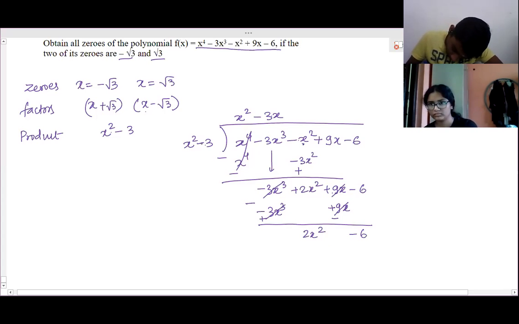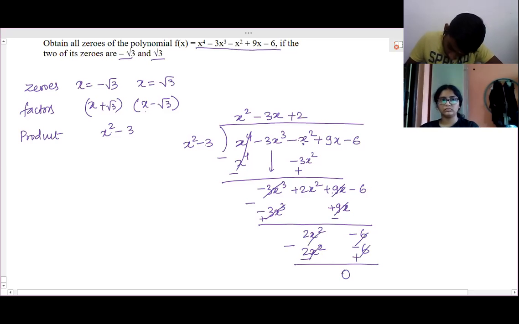So 2x square by x square is plus 2. So this is 2x square, and minus 3 into plus 2 is minus 6. When we subtract, minus minus plus, we get 0. Always you will get the remainder 0 because these are the zeros. x square minus 3 is a factor of this polynomial.